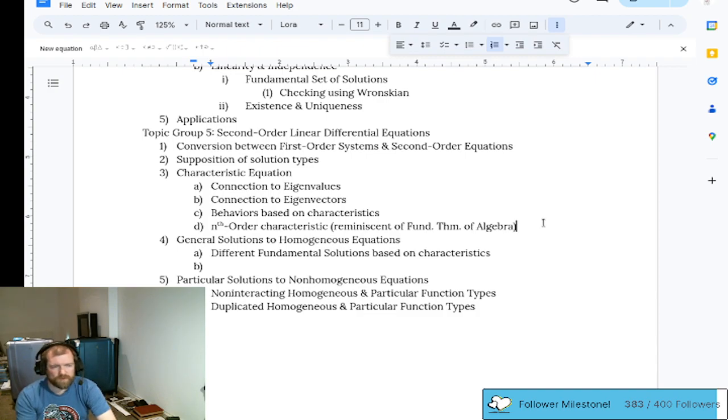You're just going to have to increase the degree of the polynomial that's sitting in front of it by 1, until it is no longer overlapping with the homogeneous solution.